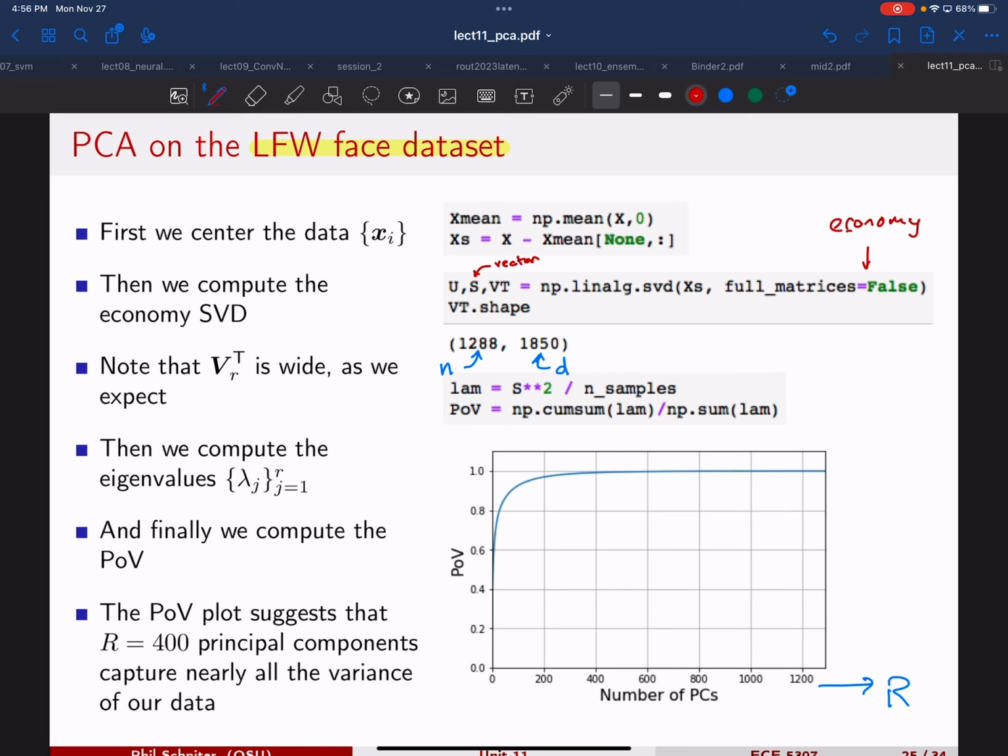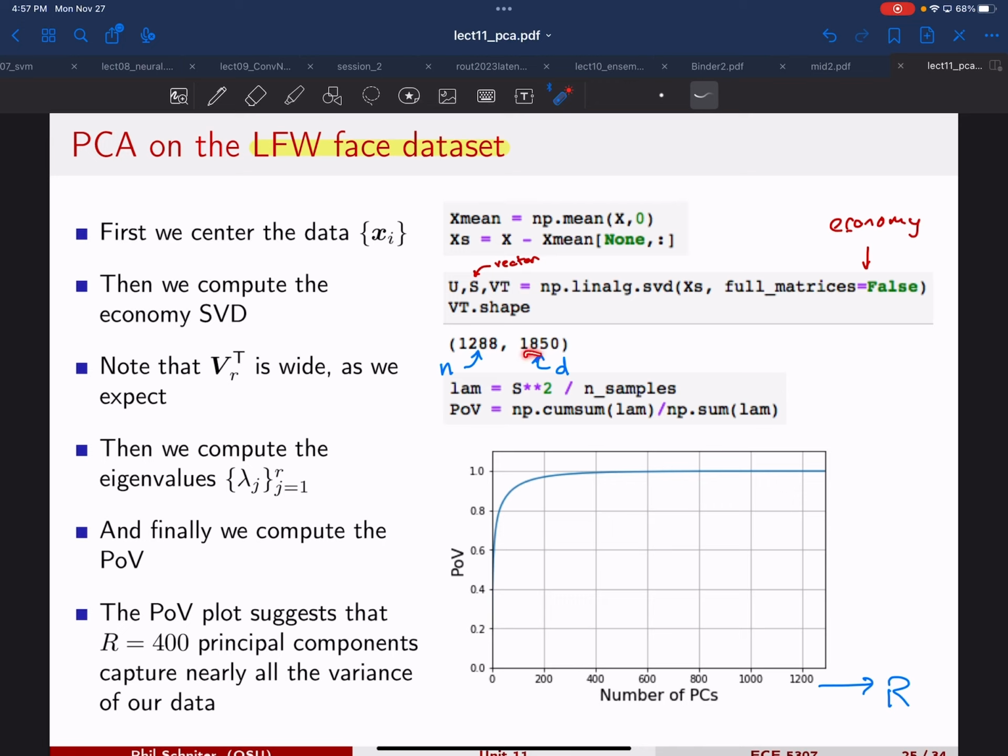Okay, and when we look at the shape of this, the shape is going to essentially match our data dimensions. So we had 1,850 pixels in each face, and we had a total of 1,288 faces in our data set. So because we actually had fewer samples than the feature dimension, we can do lossless compression just with 1,288 coefficients.